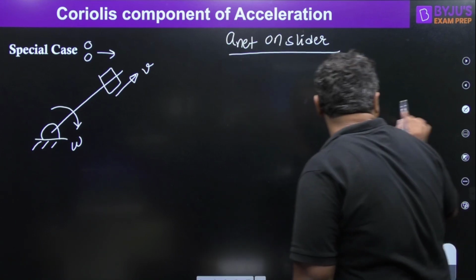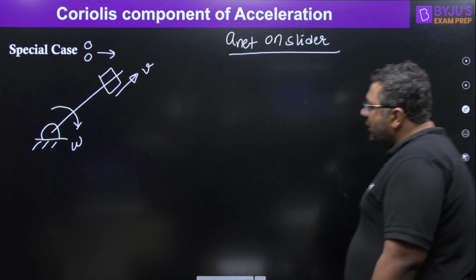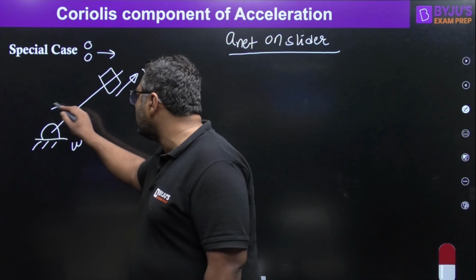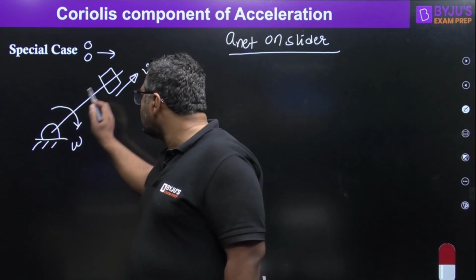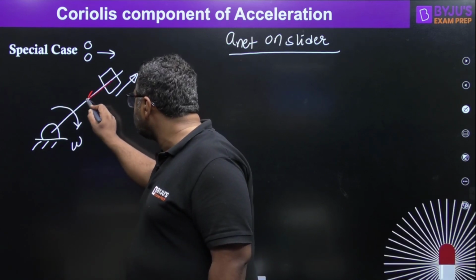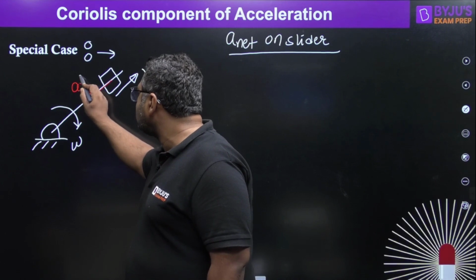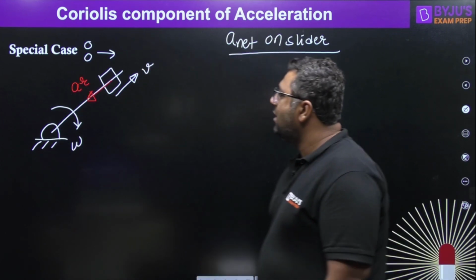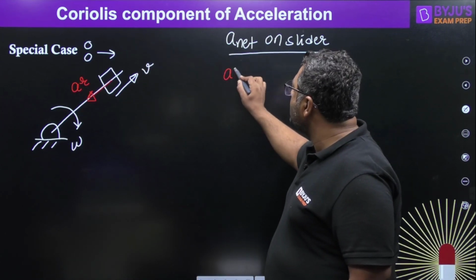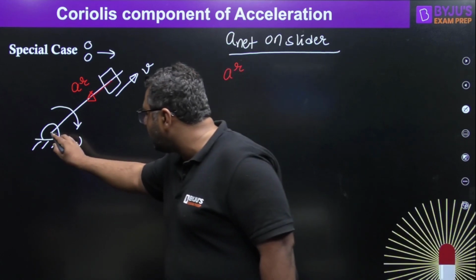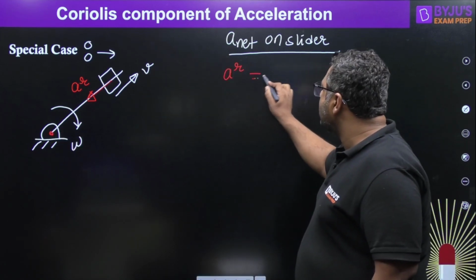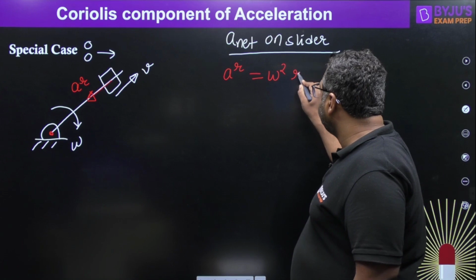So my dear, first of all, as you know that because this slider is present on a rotating link, because of that, at this point there will be a centripetal or radial acceleration coming into picture, and this radial acceleration is always acting towards the center of rotation, and its magnitude is given as omega square r.